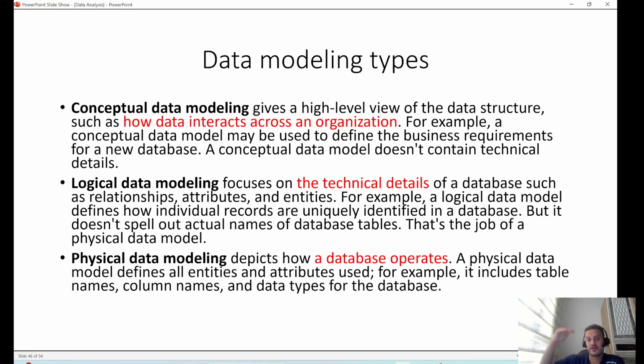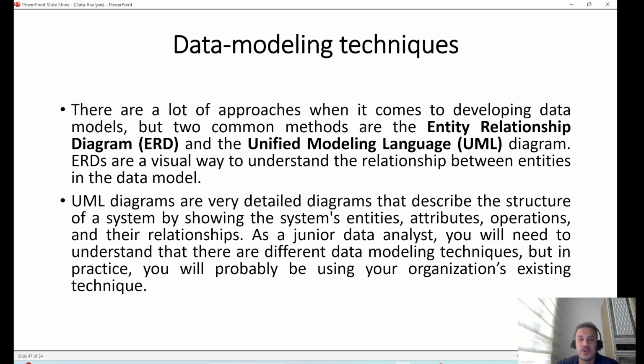Then the high-level view of the data structure is how data interacts across an organization, the conceptual part. For data modeling techniques, you have two: the entity relationship diagram (ERD) and the Unified Modeling Language (UML). ERD is a visual way to understand the relationships between entities in the model, and UML diagrams are very detailed diagrams that describe the structure of the system and its entities and attributes.